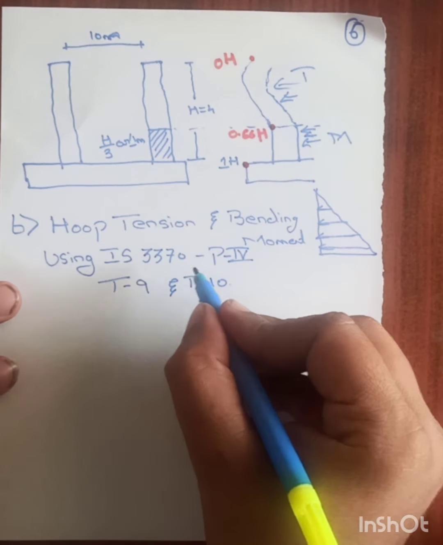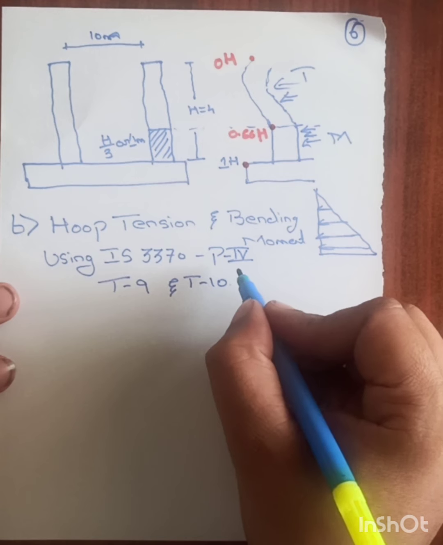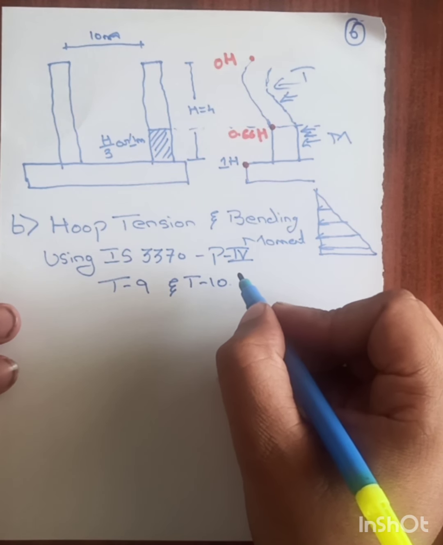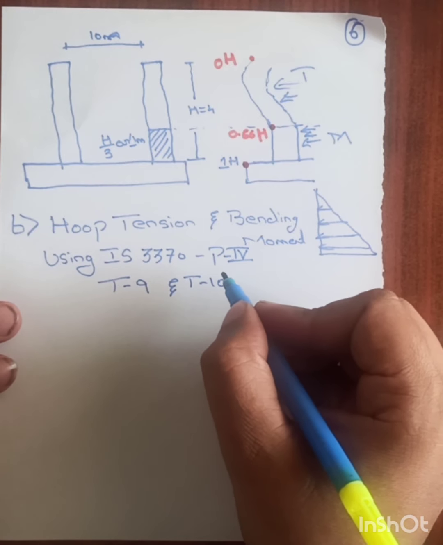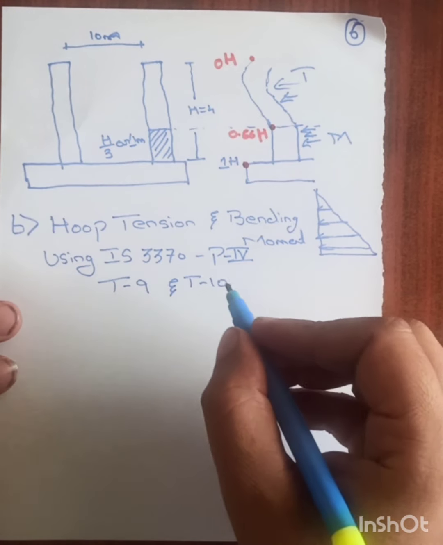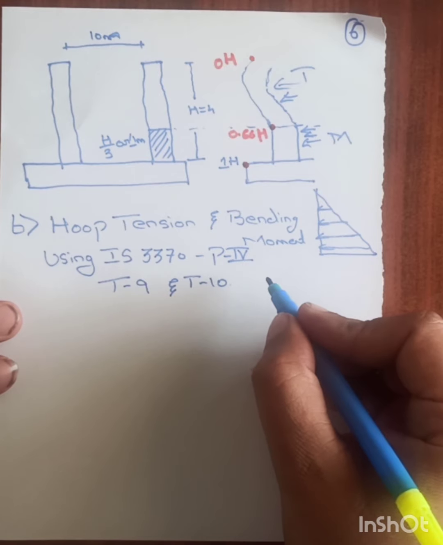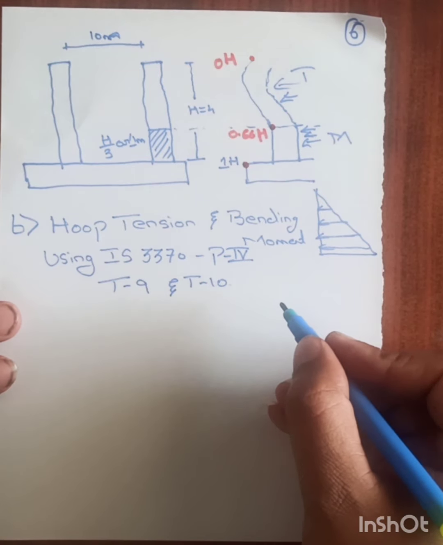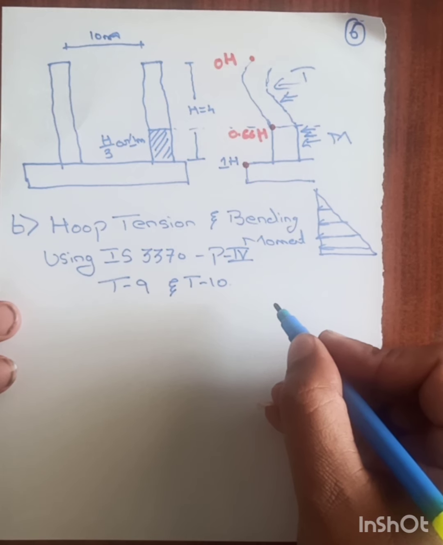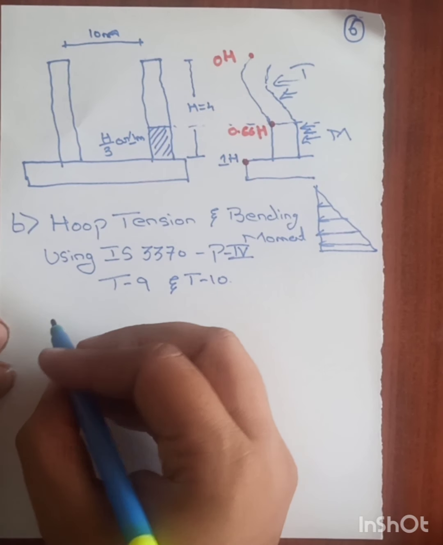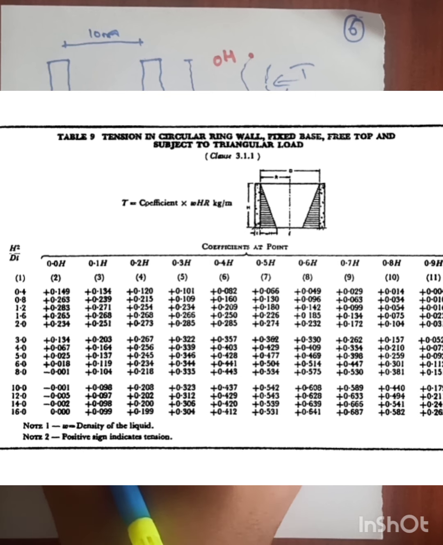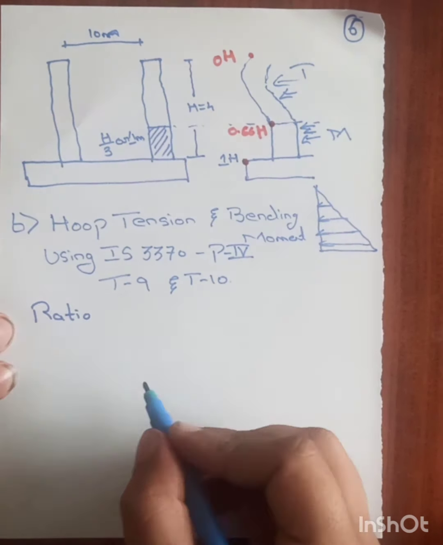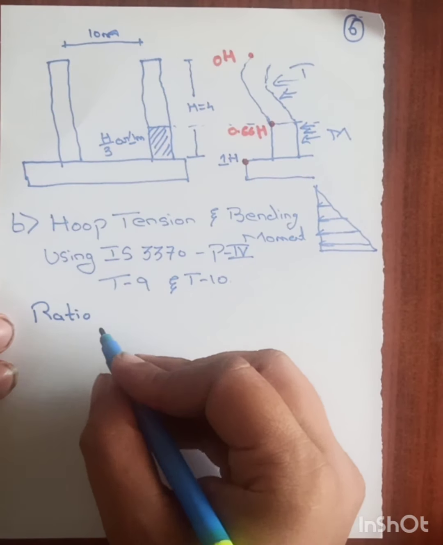This IS 3370 part 4 gives us the moment coefficients for all type of conditions. You can have a look over IS 3370 for all the tables. For different type of support conditions, we have different moment coefficients. So we can use it directly to calculate the moment. Here you can see on one side we have ratio in table number 9. Table number 9 is for hoop tension and table 10 is for bending moment.